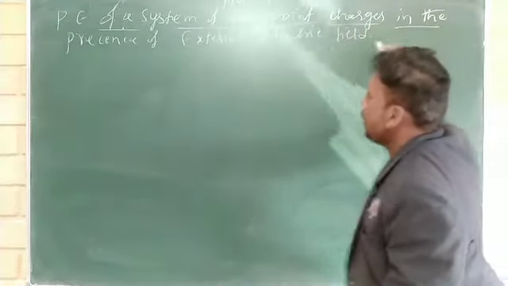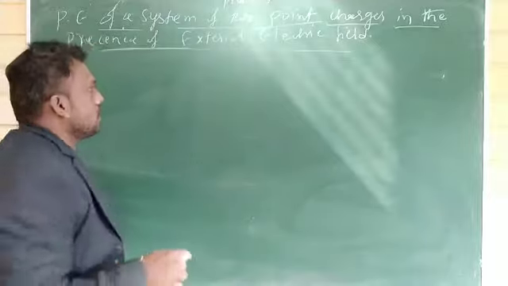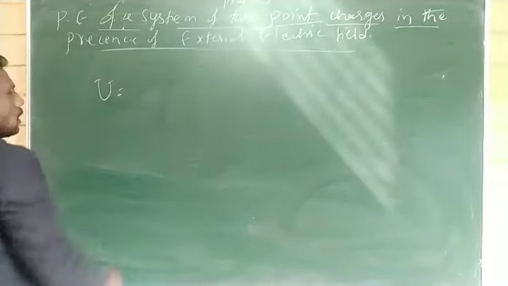The equation for electric potential energy of a system of 2 point charges in the presence of external electric field, that is, U is equal to total potential energy.